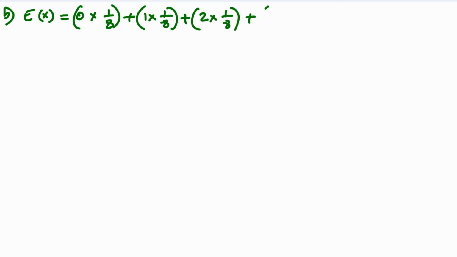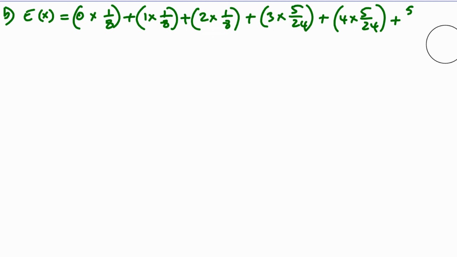So that will be equal to 0 multiplied by 1 over 8, plus 1 multiplied by 1 over 8, plus 2 multiplied by 1 over 8, plus 3 multiplied by 5 over 24, plus 4 multiplied by 5 over 24, plus 5 multiplied by 5 over 24.